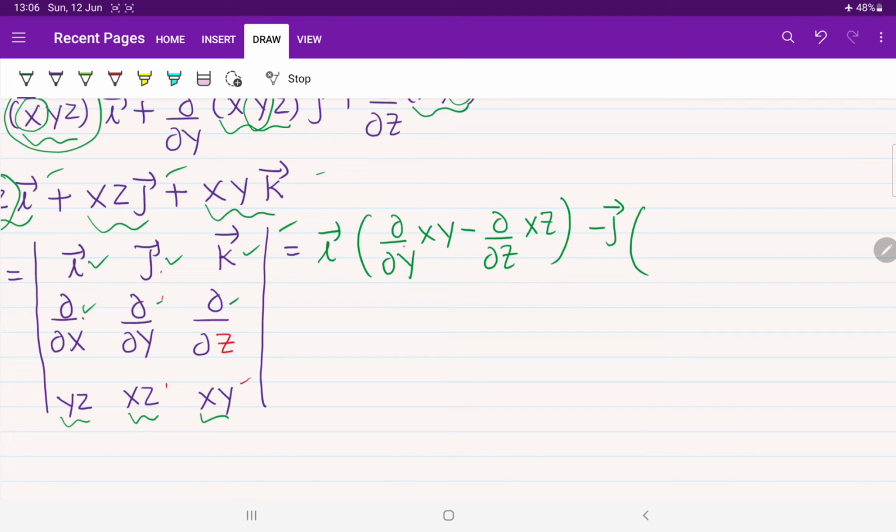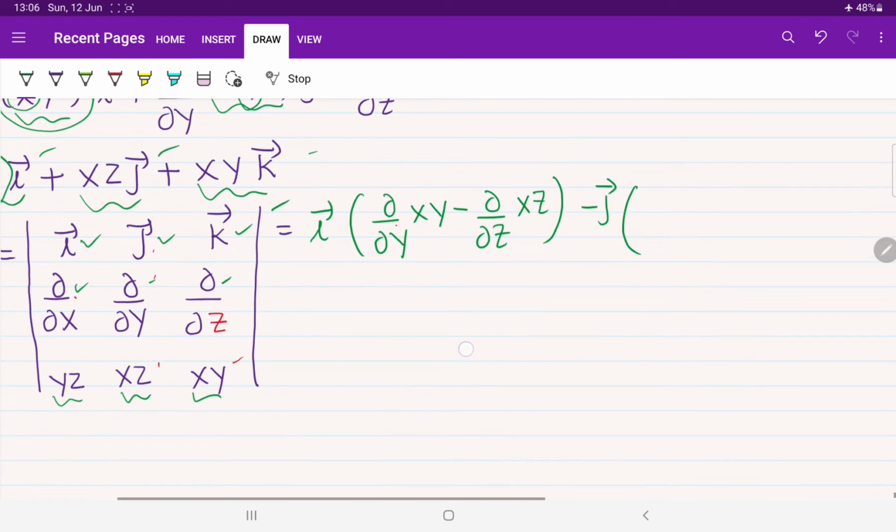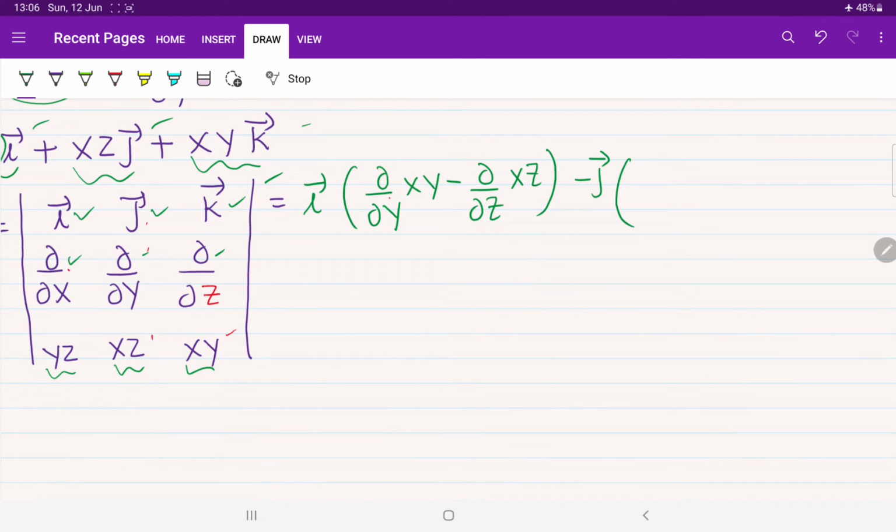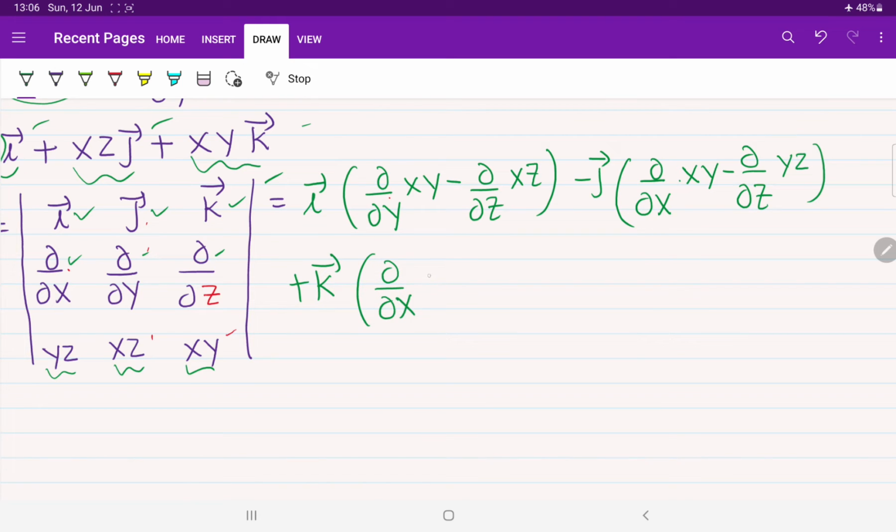I am assuming that you all know how to calculate a determinant. So j vector: dou by dou x of xy minus dou by dou z of yz. Then plus k vector: dou by dou x of xz minus dou by dou y of yz.